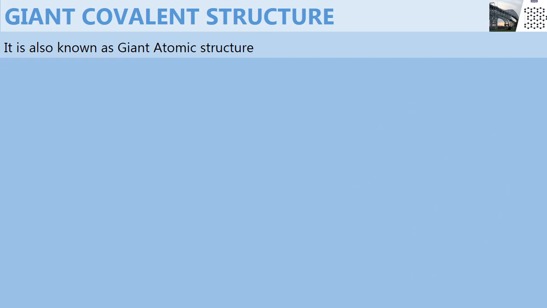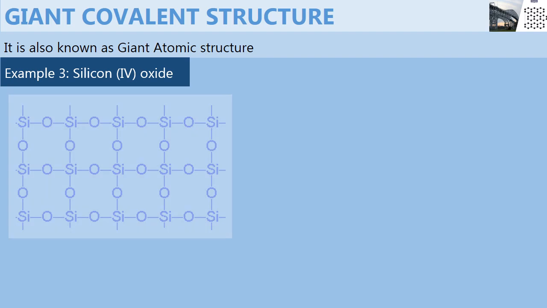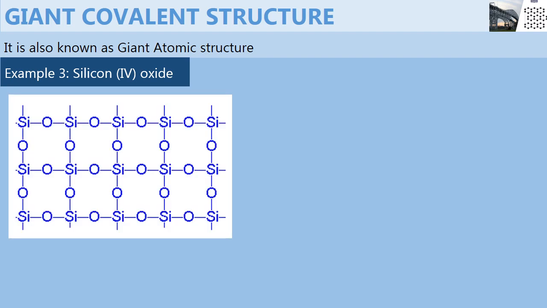Another example is silicon(IV) oxide. It forms a giant covalent structure whereby each silicon atom is covalently bonded to 4 oxygen atoms in a regular pattern to form the silicon(IV) oxide structure.